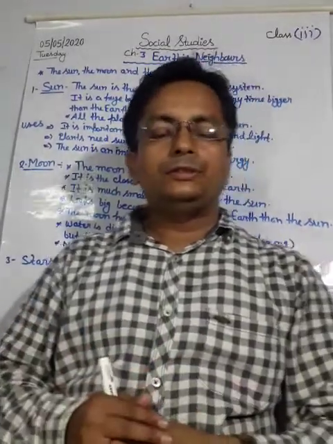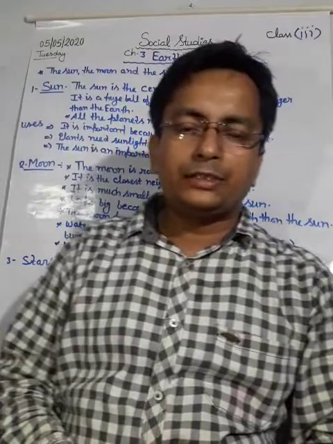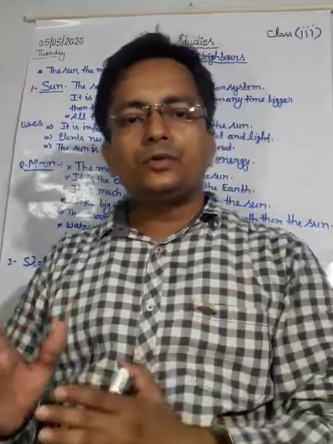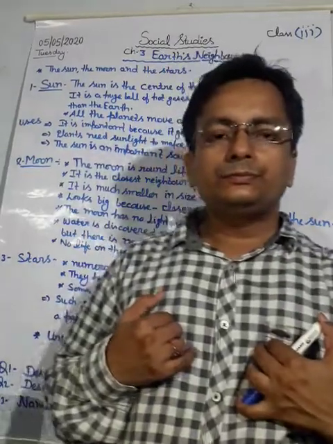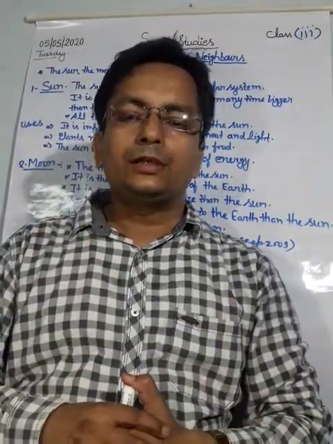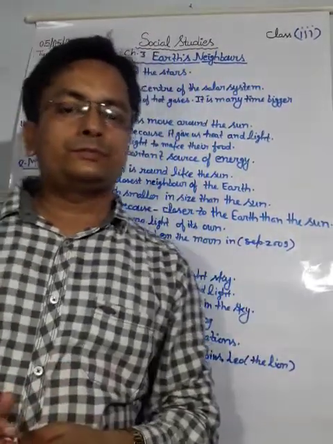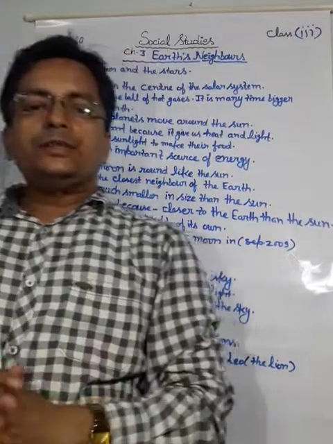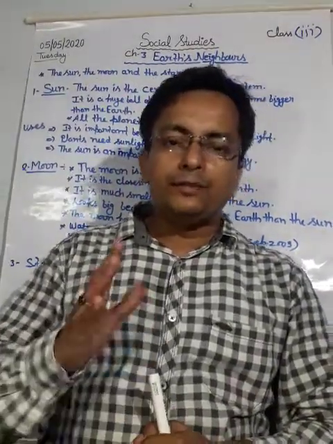Neighbors means the things which are near to us. As we have neighbors, in the same way, Earth also has neighbors. In this lesson, we will discuss the neighbors of the Earth.